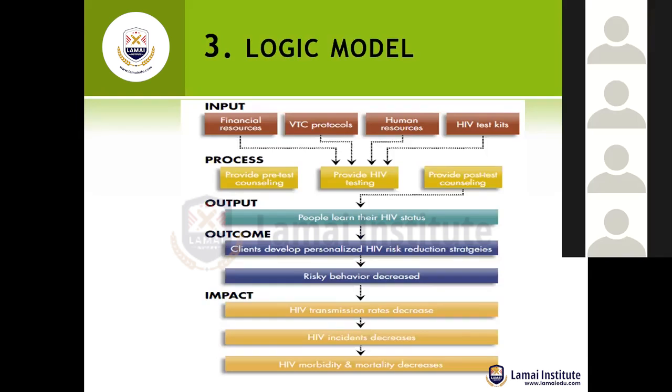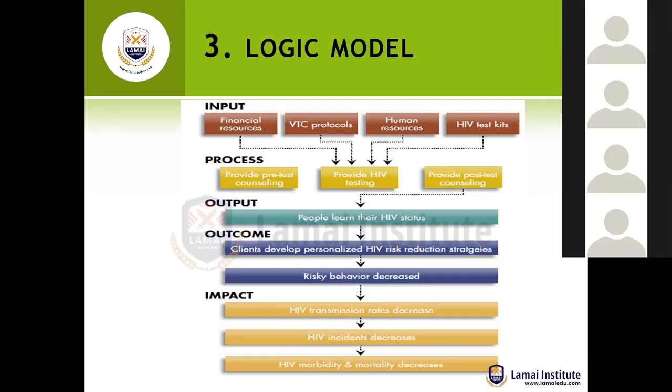So you can see the inputs that are required and then the activities that will follow based on the inputs. Then, of course, the outputs will be that people will be able to learn their HIV status. The outcomes expected are that clients will be able to develop personalized HIV risk reduction strategies and risky behaviors will be reduced.